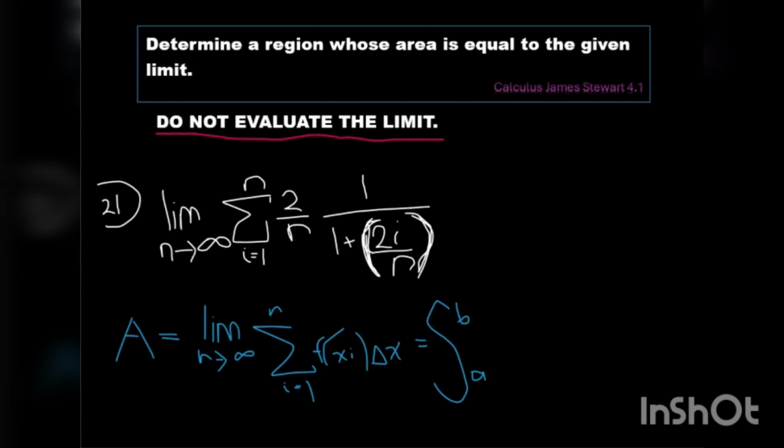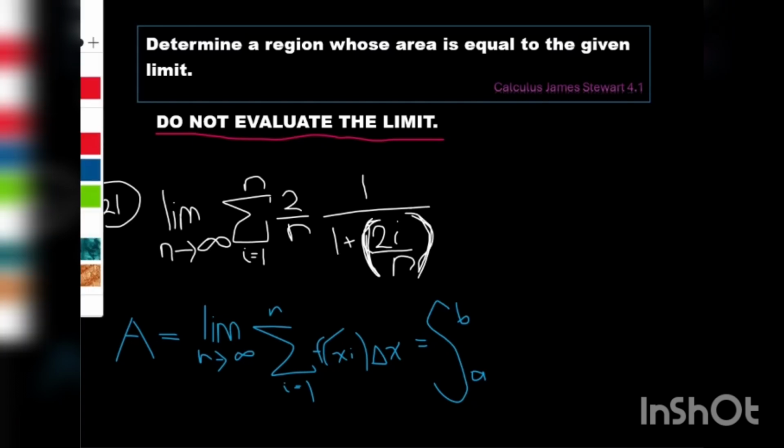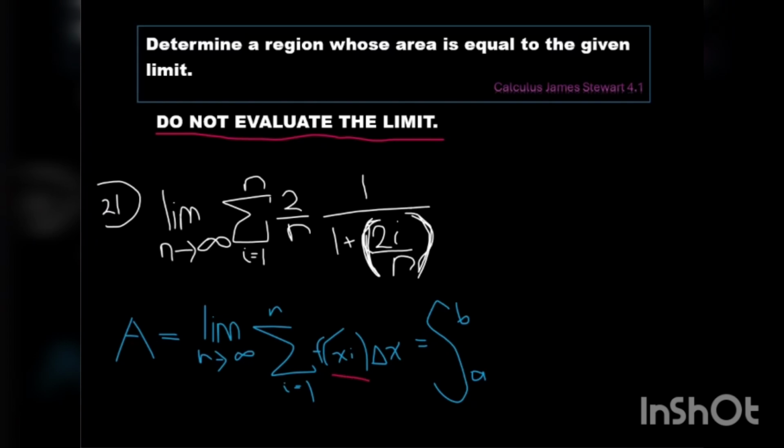All we're going to do now is substitute for these two values, and you can see delta x is already given to us.